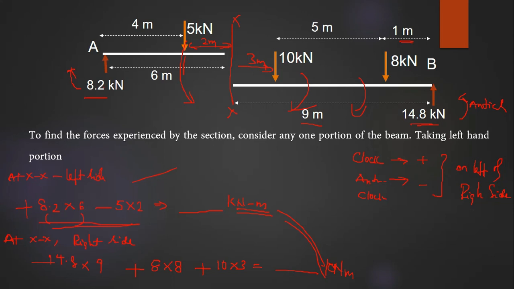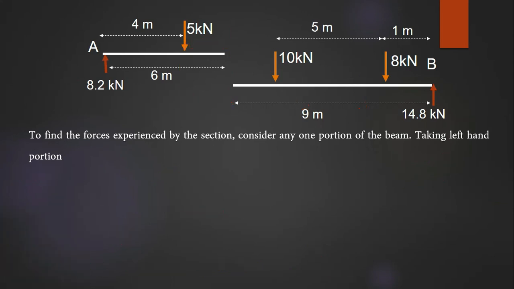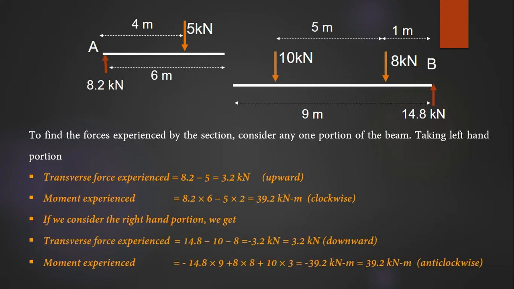Let me show you the calculation clearly. As you can see here, it is 39.2 kilonewton meter clockwise. So here this is the direction of moment, and here it is anti-clockwise.